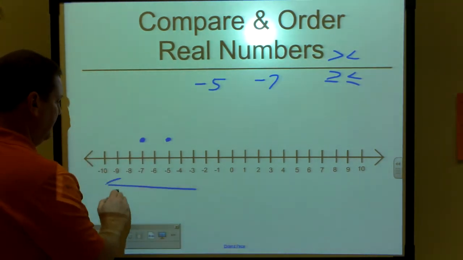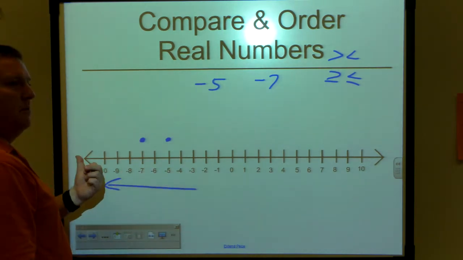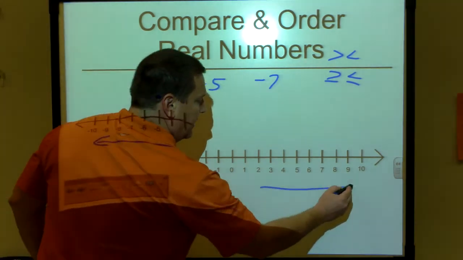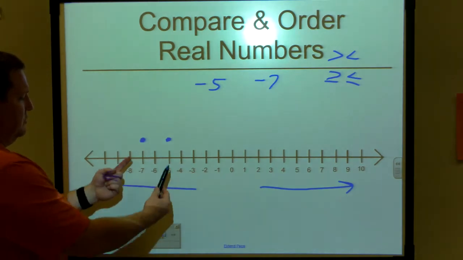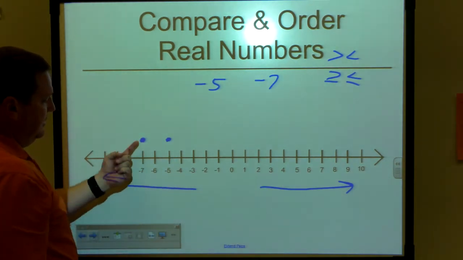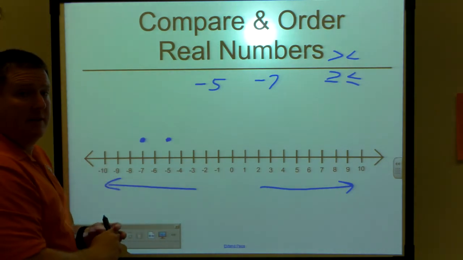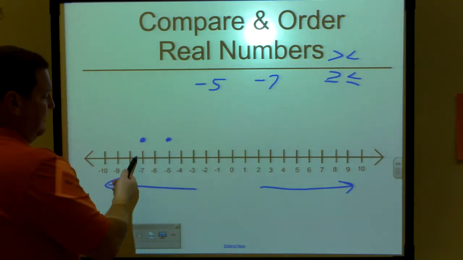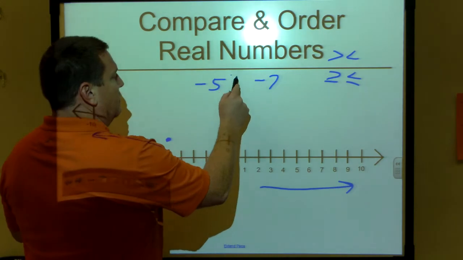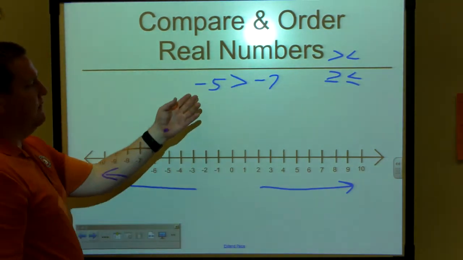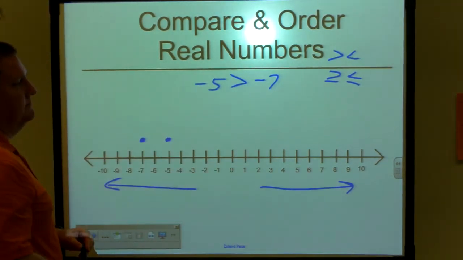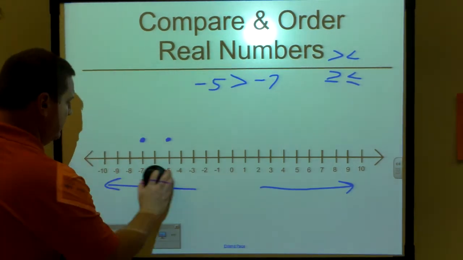As you go to the left on the number line, the numbers get smaller and smaller, and as you go to the right, they get bigger and bigger. So as we see, here's the -5 and here's the -7. Anything to the right is bigger than the ones to the left. So the -5 is actually bigger than the -7. So we would open up this way: -5 is greater than -7.